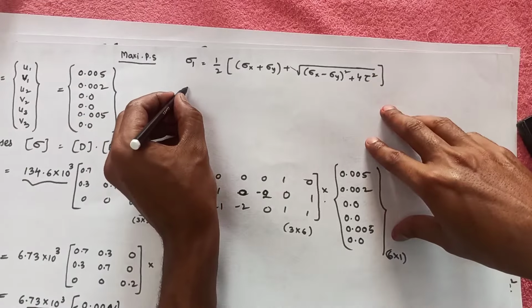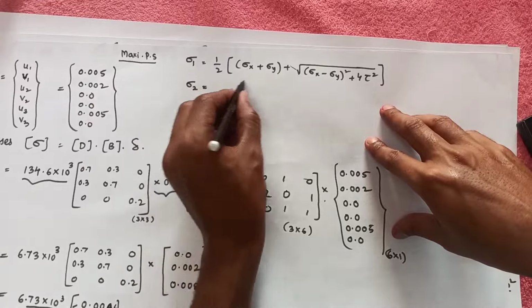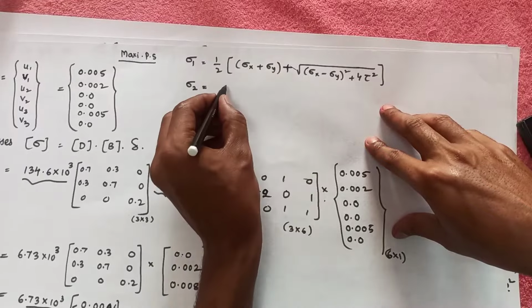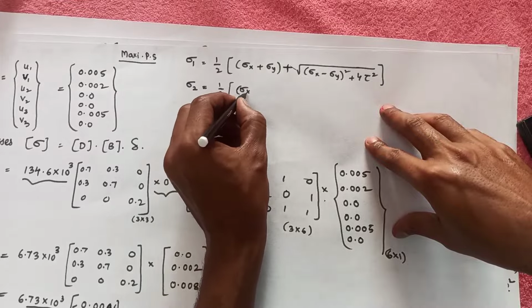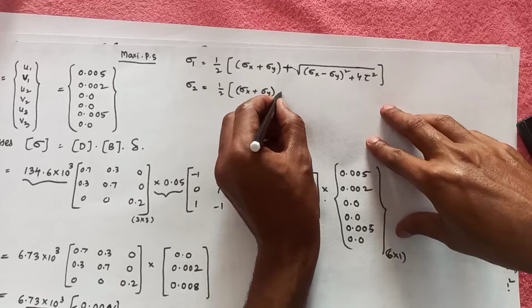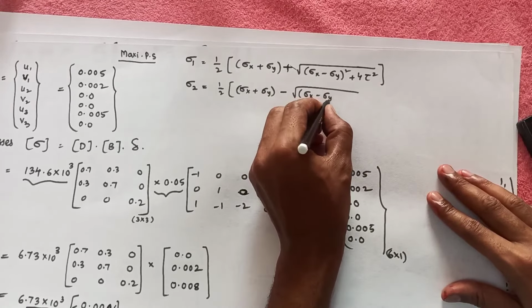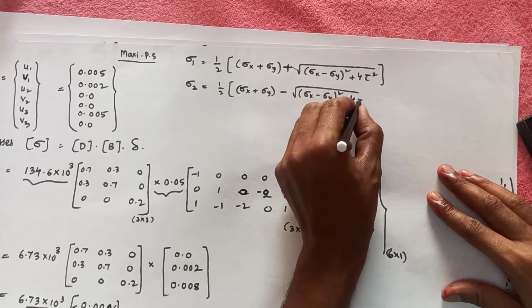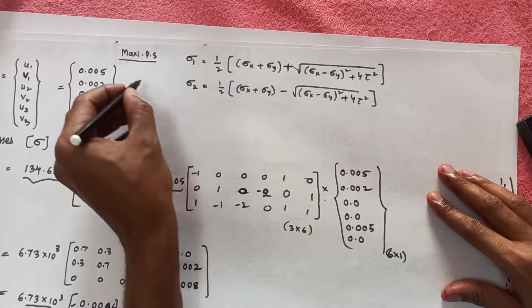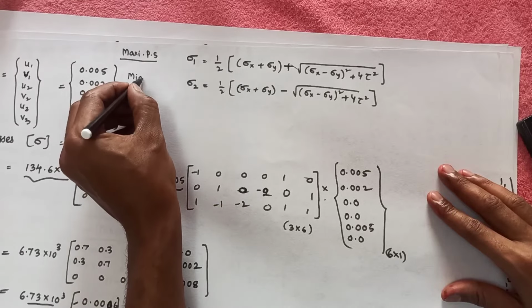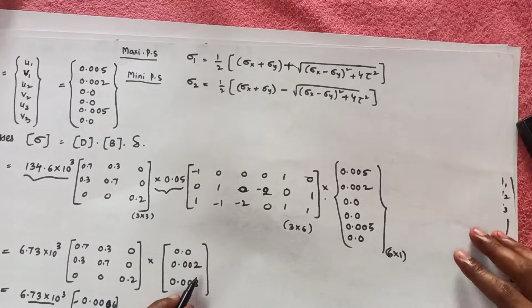Then again there will be another equation, that is sigma 2. So sigma 2 is nothing but, here instead of plus you will have minus, that's it: 1/2 of sigma x plus sigma y, minus root of sigma x minus sigma y whole square plus 4 tau square. Now this is the minimum principal stress, or also called the minimum normal stress.